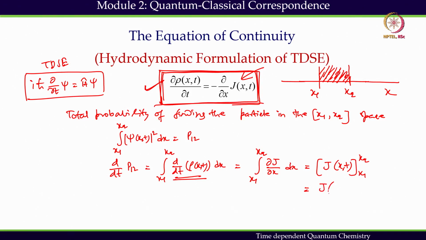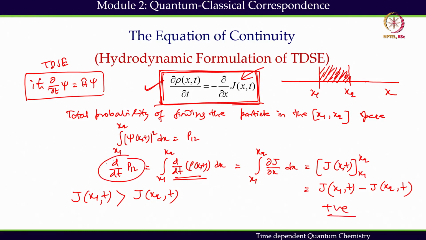So I can find j x1 t minus j x2 t. If I consider that j x1 t is greater than j x2 t, then this part is positive. It means that d dt of P12, the local change of probability within this space, is positive, developing the probability within this space.